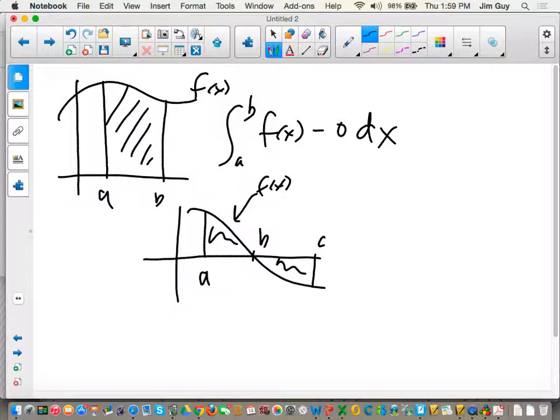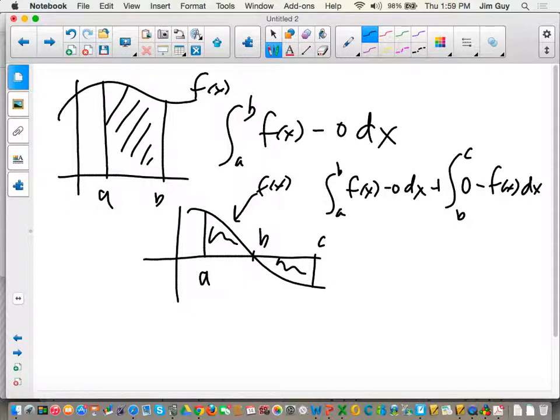So this would have been from A to B of f of x minus 0, plus from B to C of 0 minus f of x. And again, I think that's kind of helpful to see why that works out. You can tell how you're going to get the opposite of that right there. Okay?